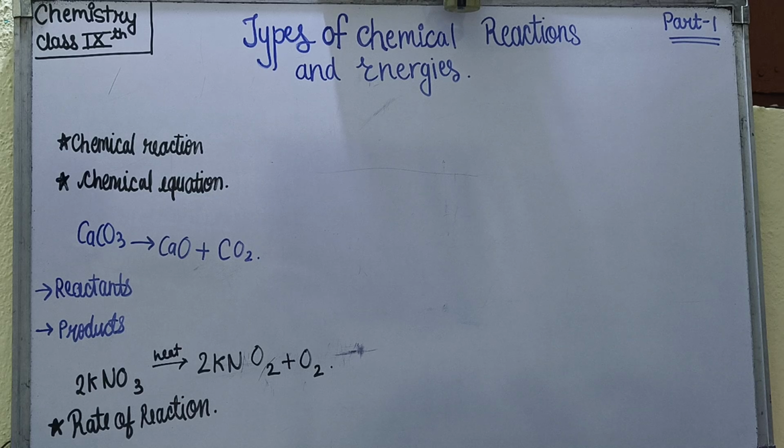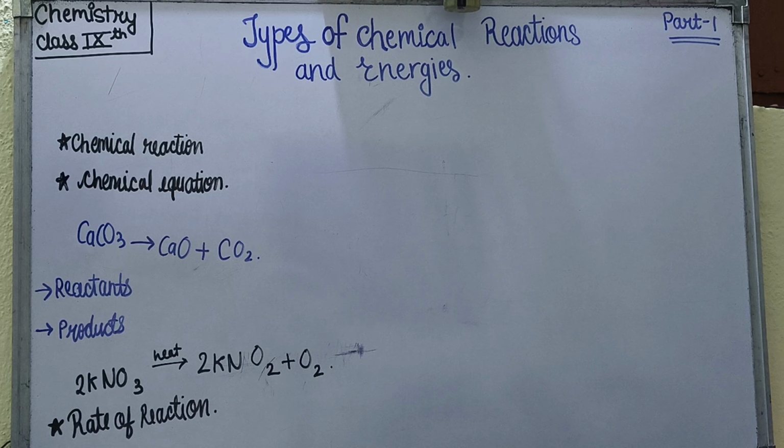Second is digestion of food. Observation is that digestion of food requires a few hours. And third one is rusting of iron. Iron reacts with oxygen in the presence of moist air to form rust, which requires days and months. In conclusion, all the chemical reactions do not occur at the same rate or speed.